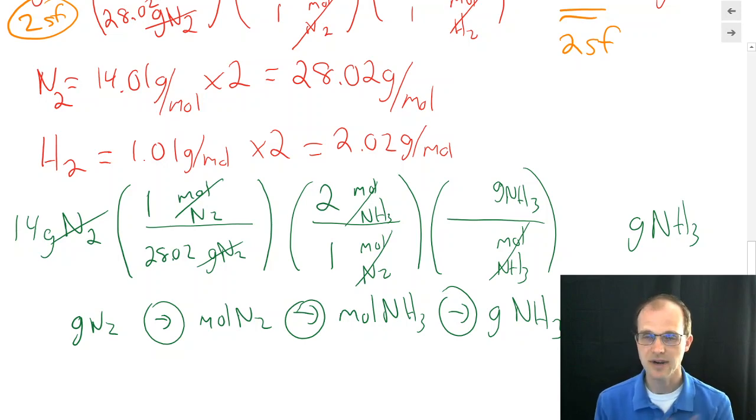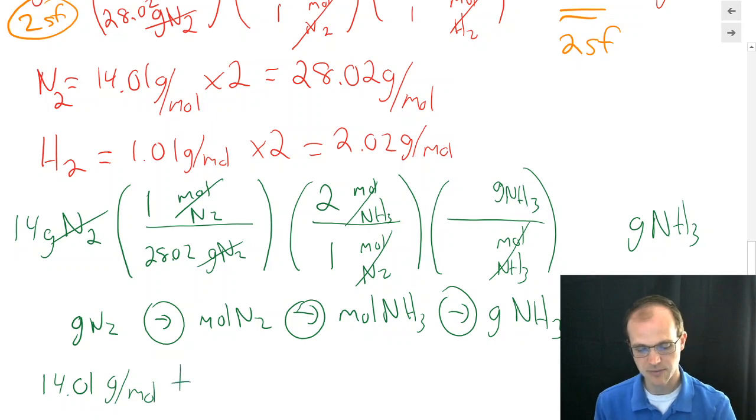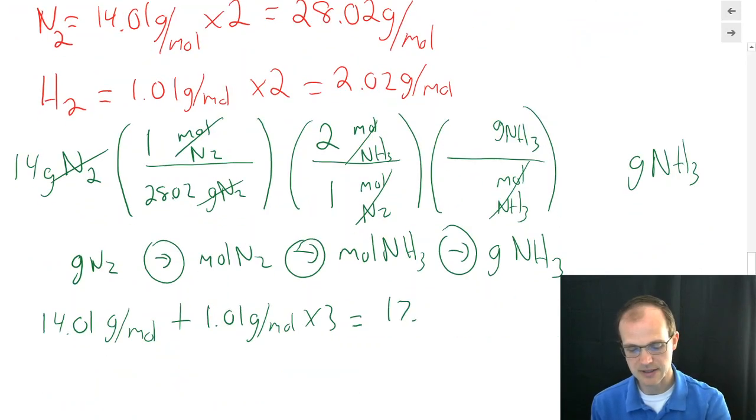How do we get grams of ammonia versus moles of ammonia? Again, that's molar mass. Anytime you see grams of something and moles of something, it's molar mass. And we add it up, 14.01 grams per mole for the nitrogen, 1.01 grams per mole for the hydrogen, and we've got 3 of them, and so we get 17.04 grams per mole.